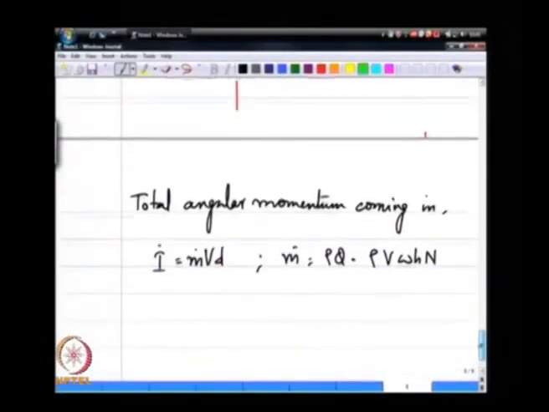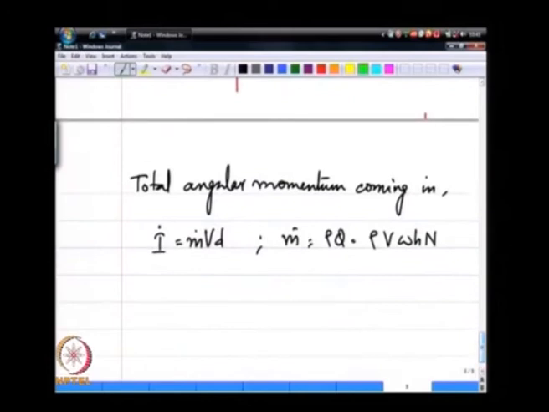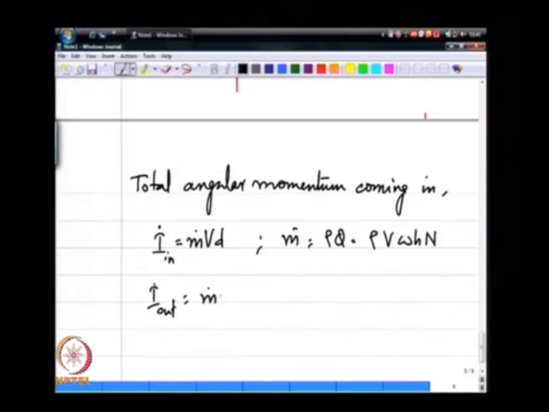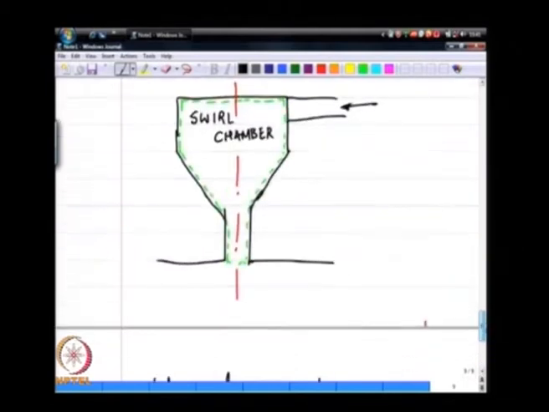So, if the total angular momentum coming in is of this form, we will call this I dot in, I dot out is equal to m dot times V at exit times d at exit over 2.